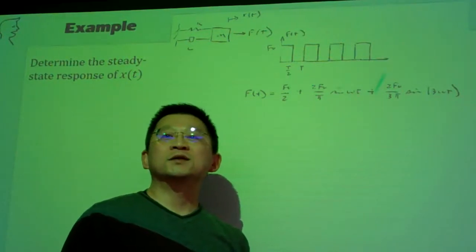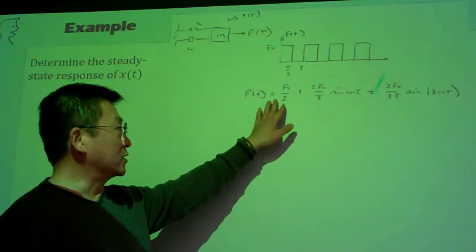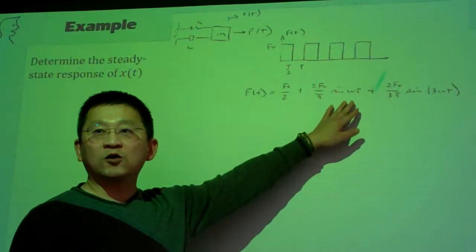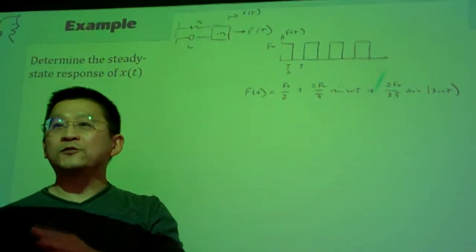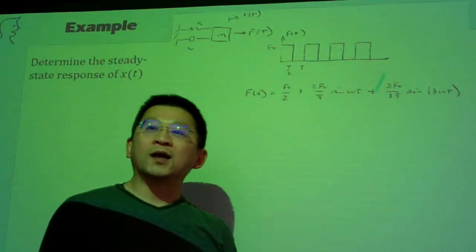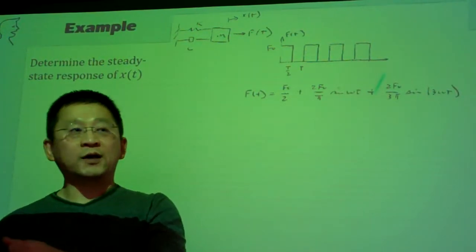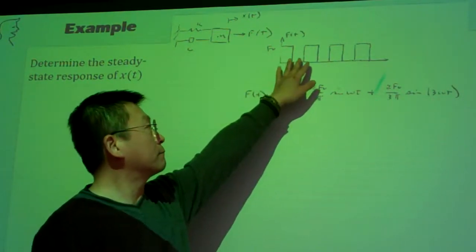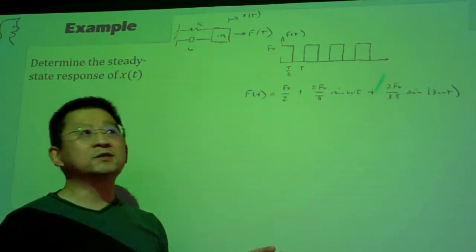Which means any periodic force function can be expressed as a constant plus sine or cosine of omega t, omega 2t, omega 3t, etc. And the number of terms can be determined based upon the given type. So the whole concept is this.